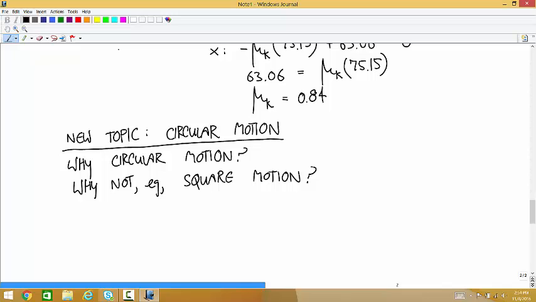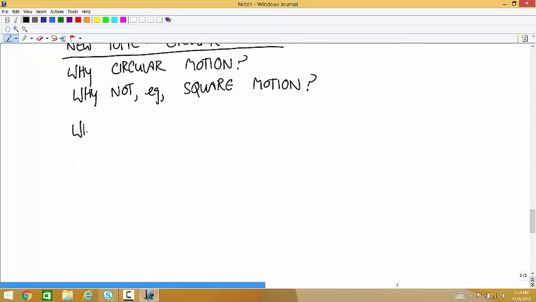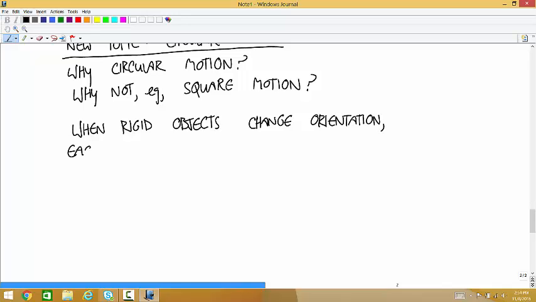And the answer is, when any kind of rigid objects change orientation, each point moves in a circular path around its joint.